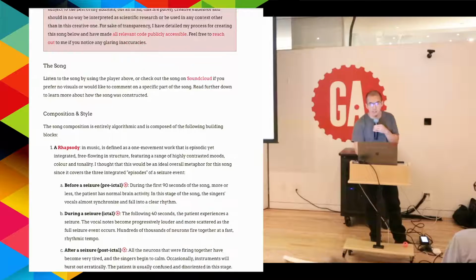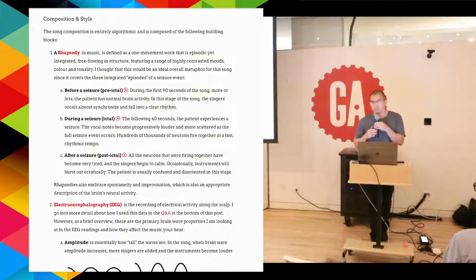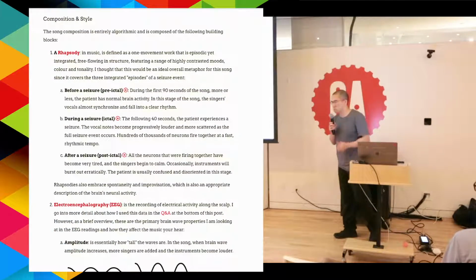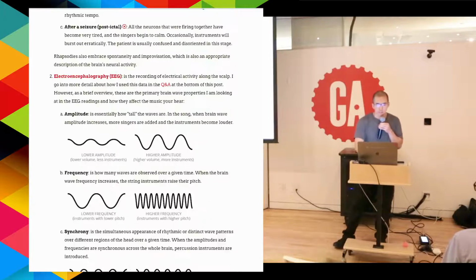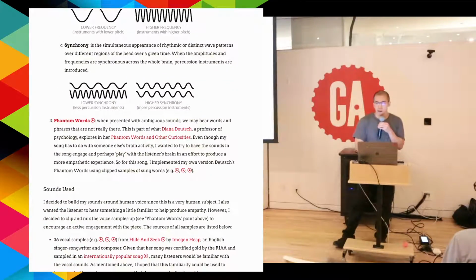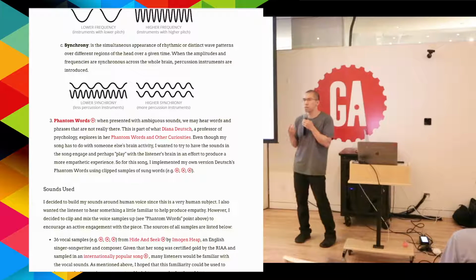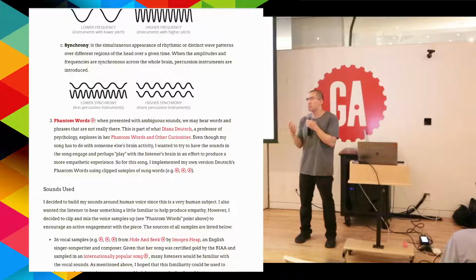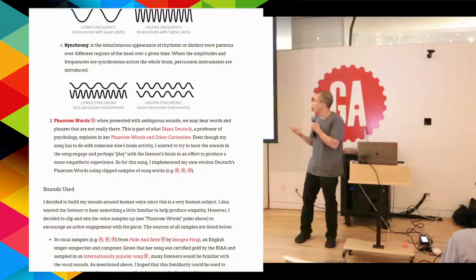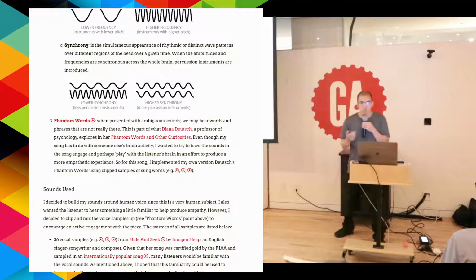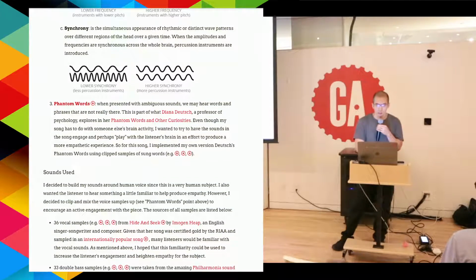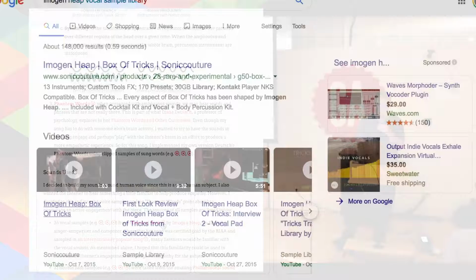So yeah, some of the aesthetic decisions that I made. As you've heard, I wanted to use a vocal sample because it did relate to an individual human. And I wanted to use a particular song from Imogen Heap, which I don't know if you're familiar with.